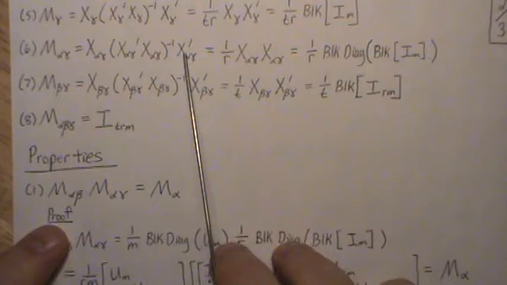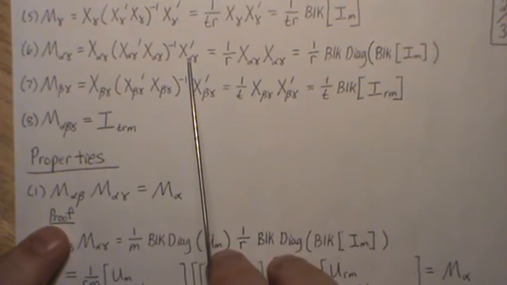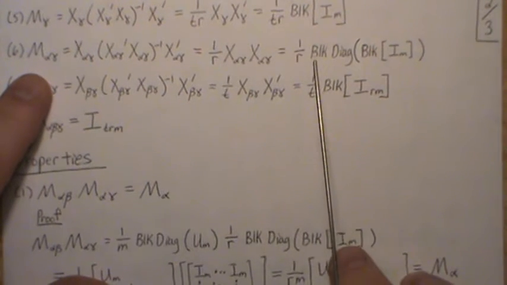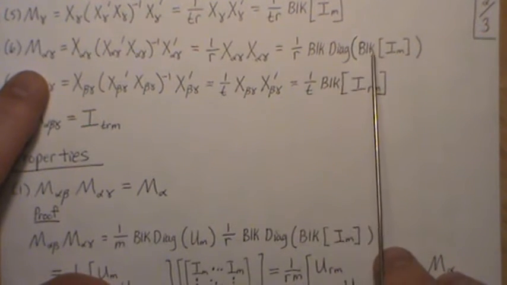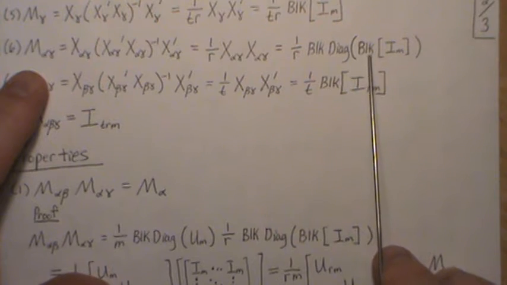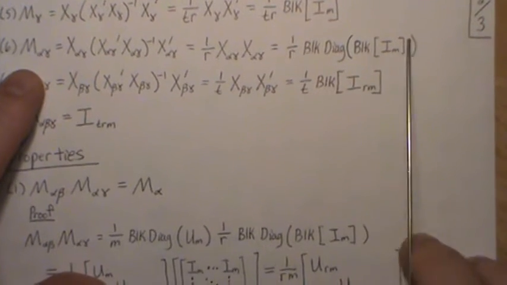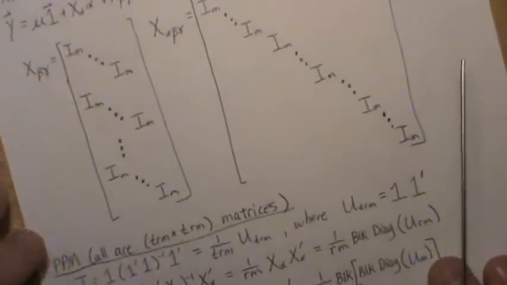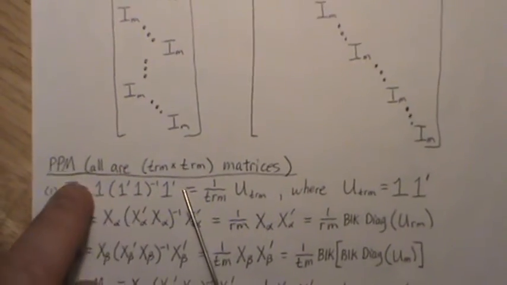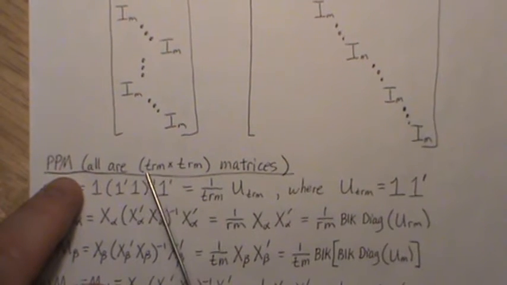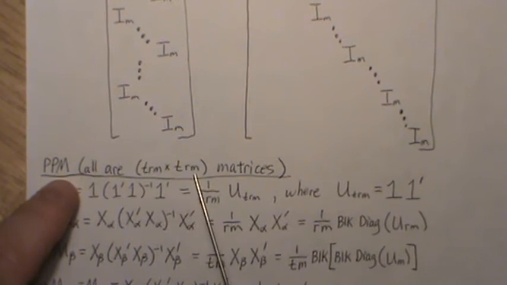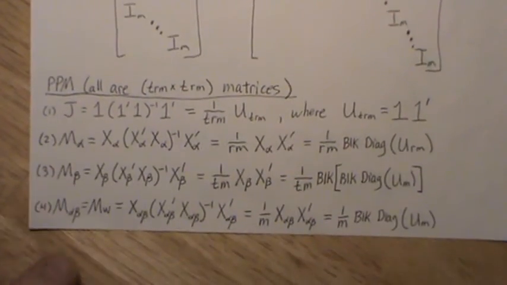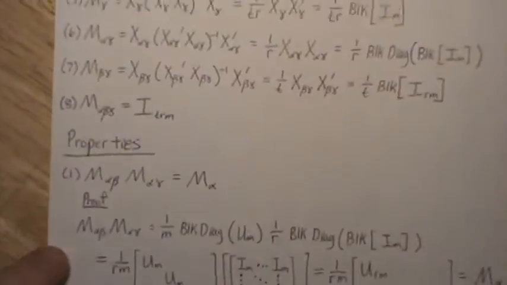Again, you multiply that column space and you create a perpendicular projection matrix, and it ends up being block diagonal, but each diagonal is a block of I M. Now, one thing to note is that every one of these perpendicular projection matrices is TRM by TRM. And so it's a big fat matrix that we're creating that is these perpendicular projection matrices.